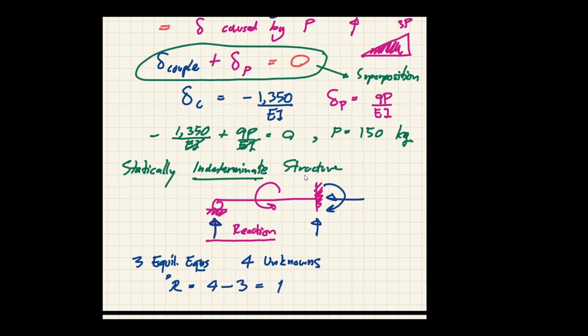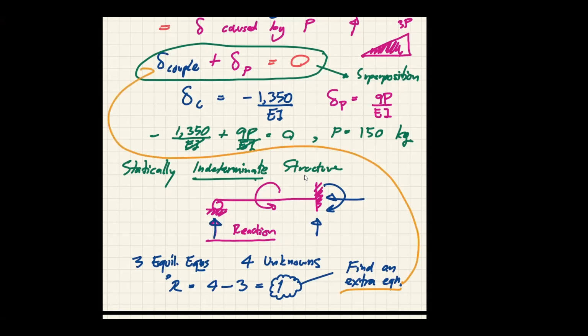That means you need to find an extra equation to solve the structure. And that extra equation is this one. If you can establish this equation, you can solve for that, right?